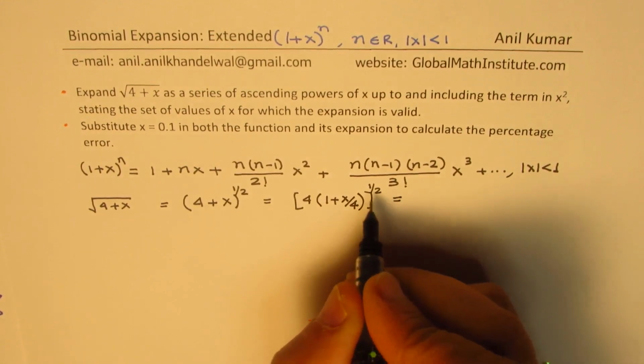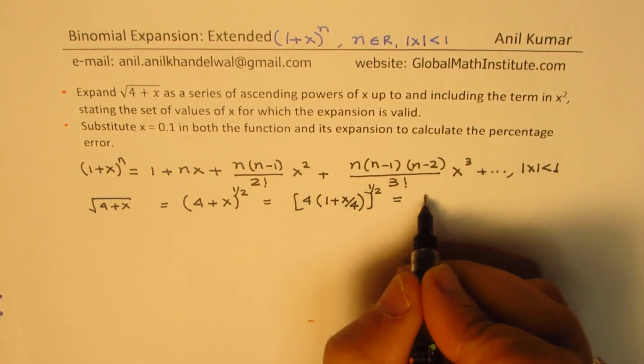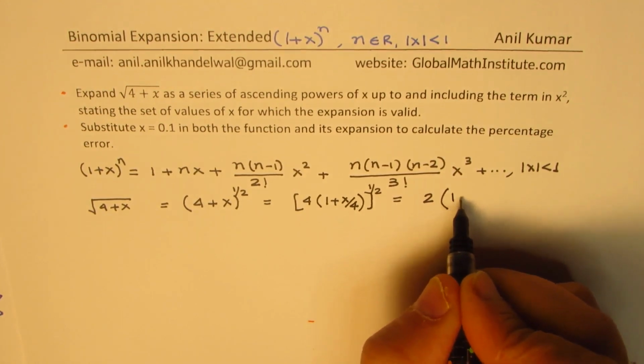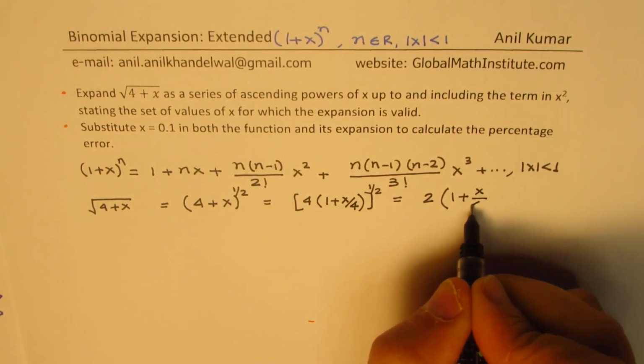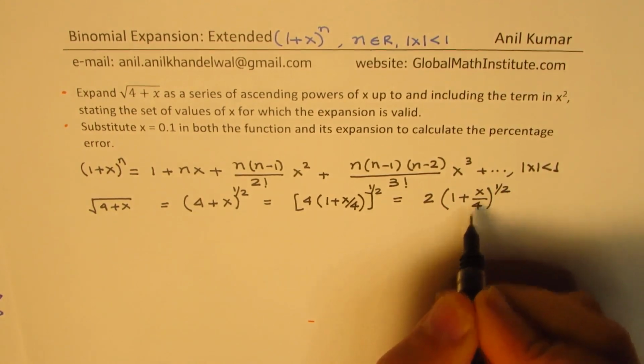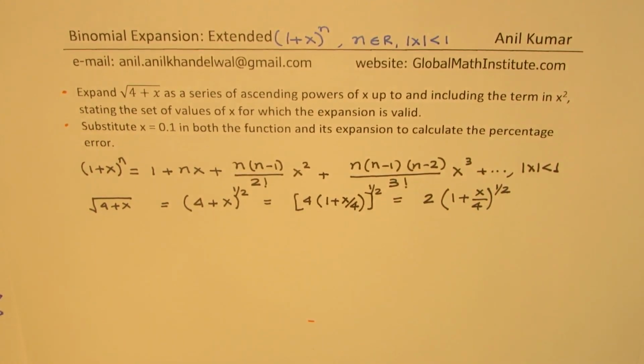And that is equal to, since the square root of 4 is 2, we can write this as 2 times, and within the brackets we get 1 plus x over 4 to the power of half. Now this portion x over 4 has to be less than 1 in absolute value, and then you can actually expand it, correct? So that is how we can modify this expression and then expand it using the formula given above.